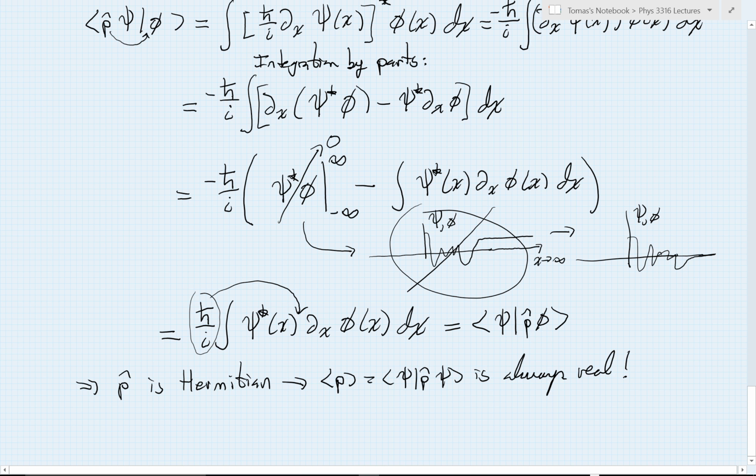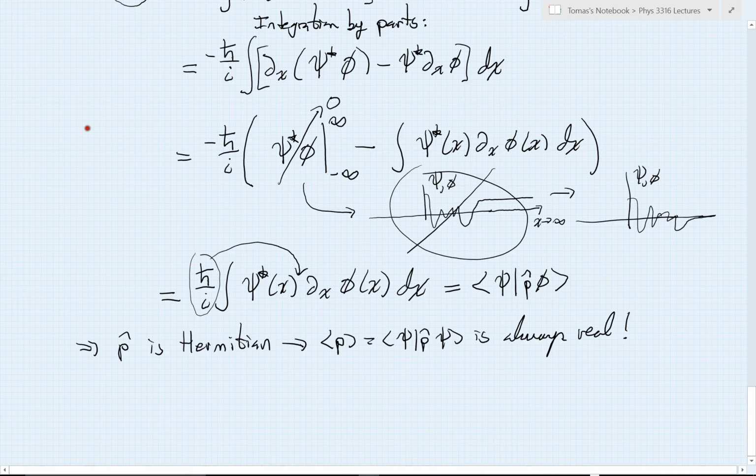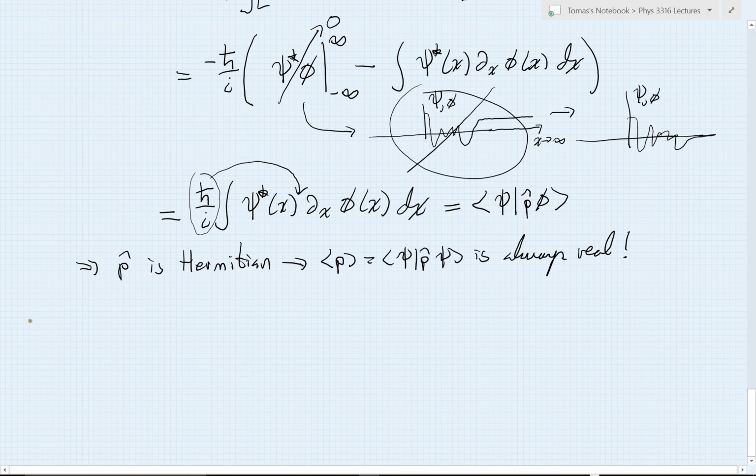So now, we can prove this in general also. This is just a worked example. So if we want a general proof, all we need to prove is that observables give operators that are going to be Hermitian, right?